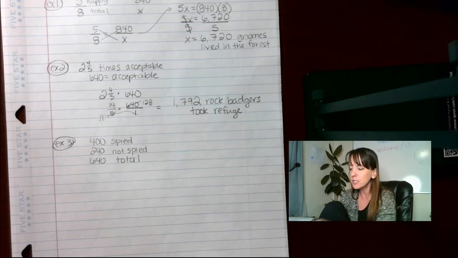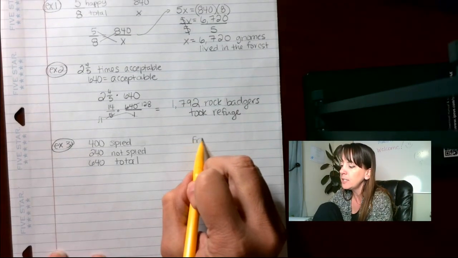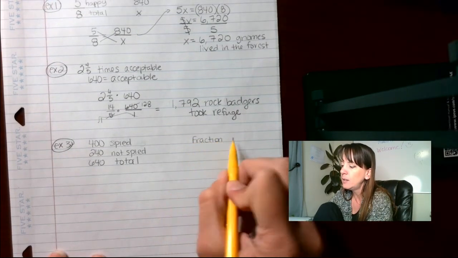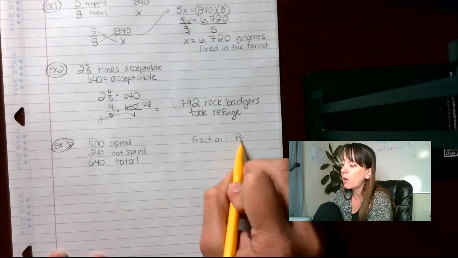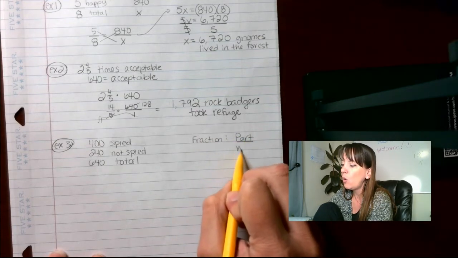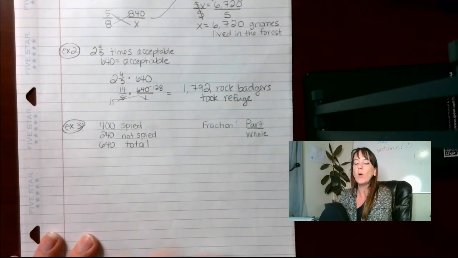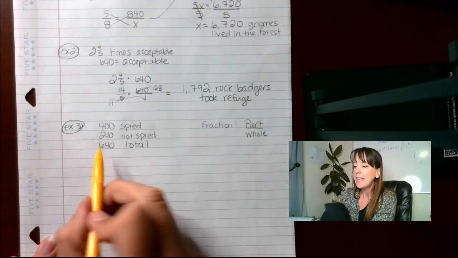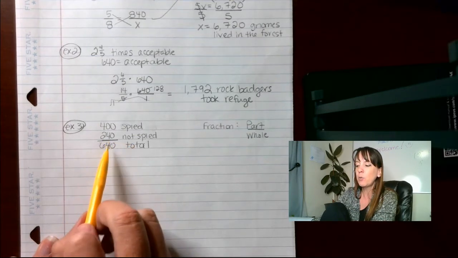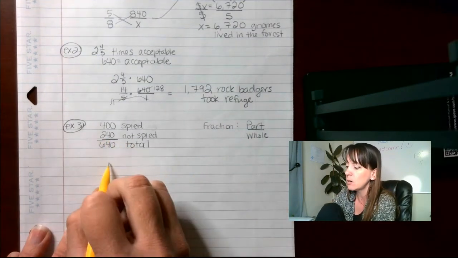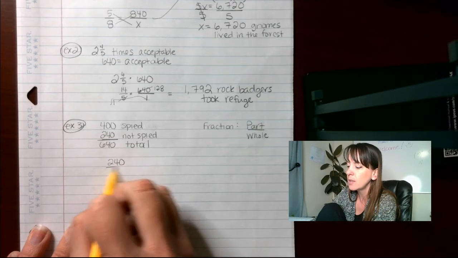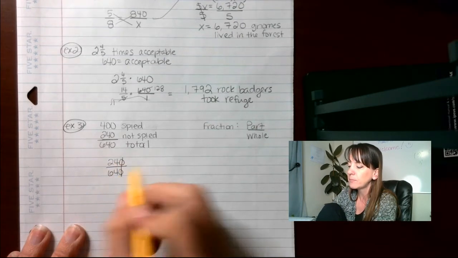Remember, a fraction is part over whole. So it said what fraction was not spied. That means we need to do 240 over 640.